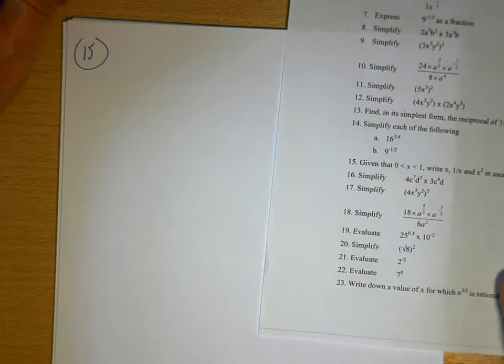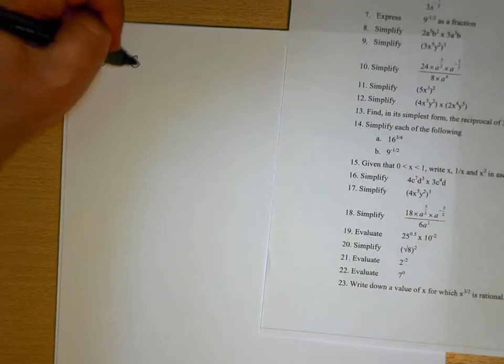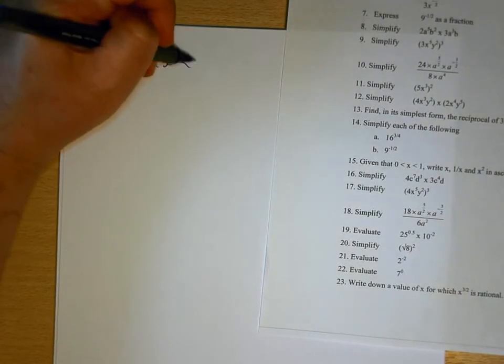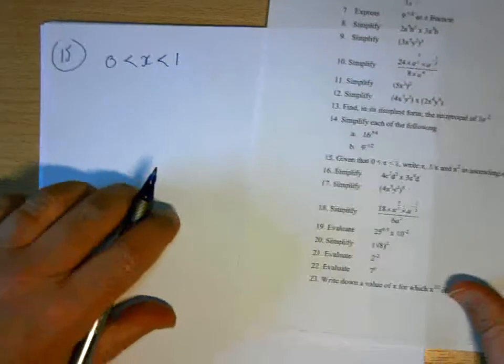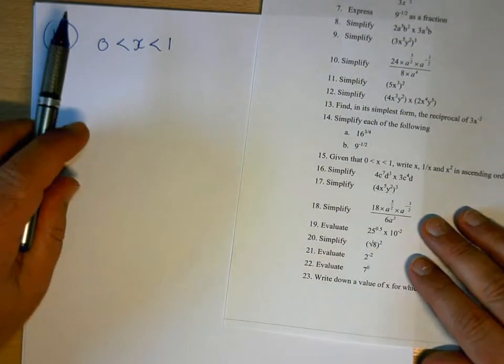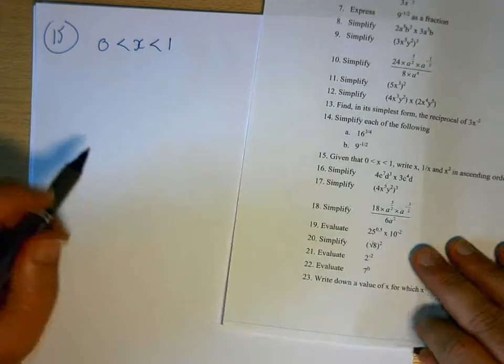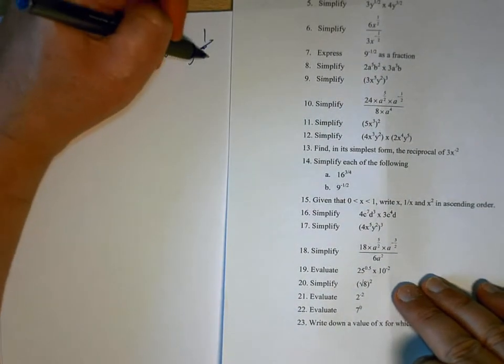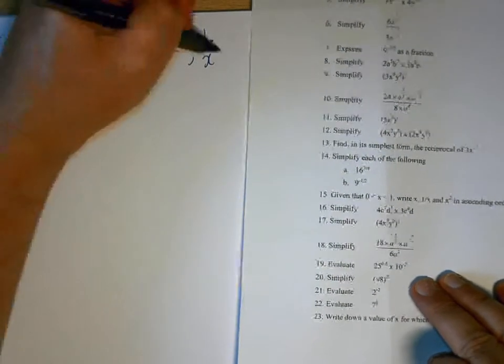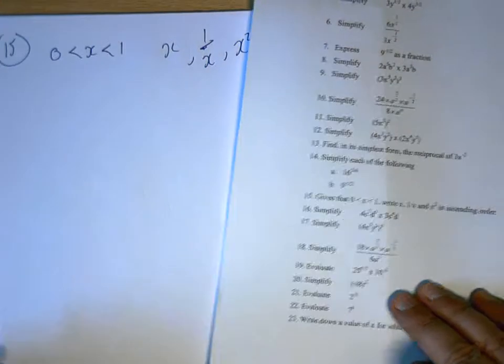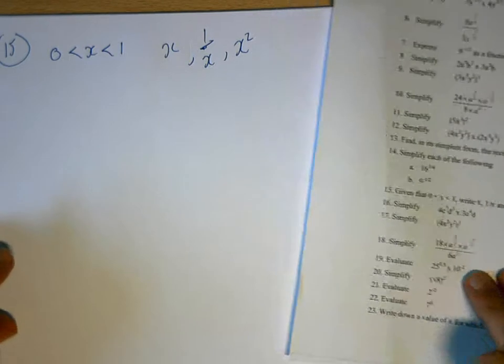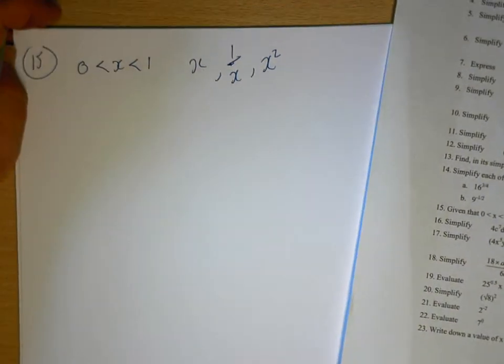Number 15. Right, this is slightly different. Okay, given that x is a number between 0 and 1, write x, 1 over x, and x squared in ascending order. So the easiest thing to do here is just choose a value of x to start with.